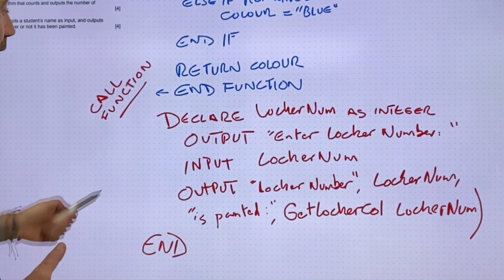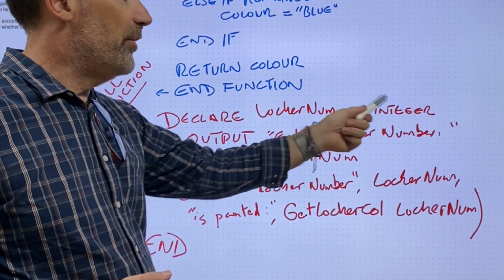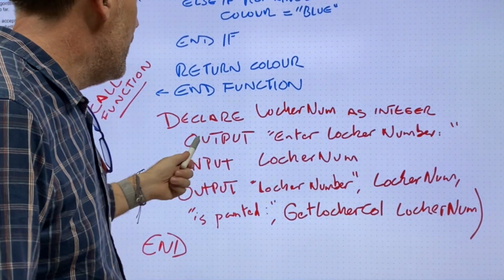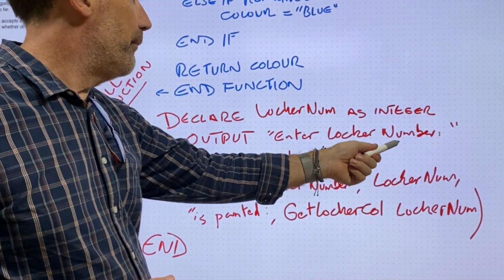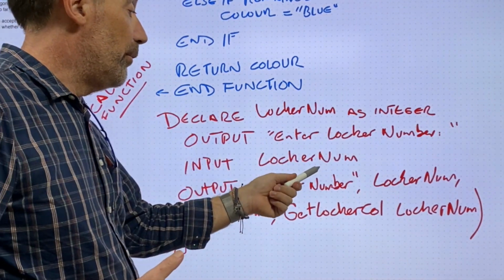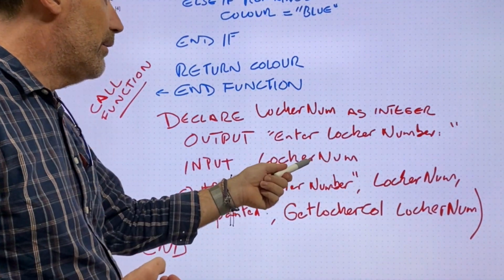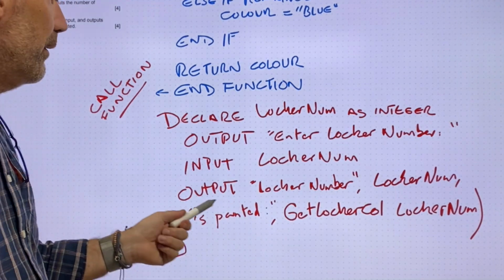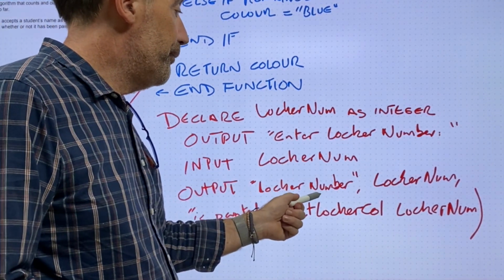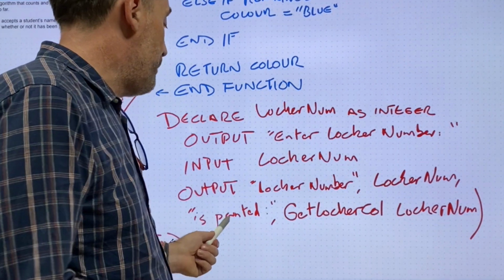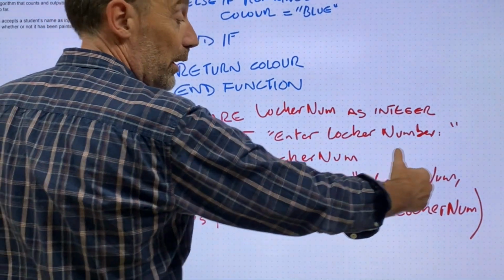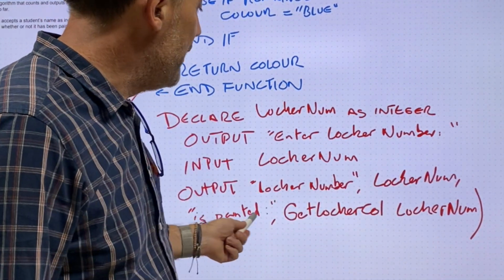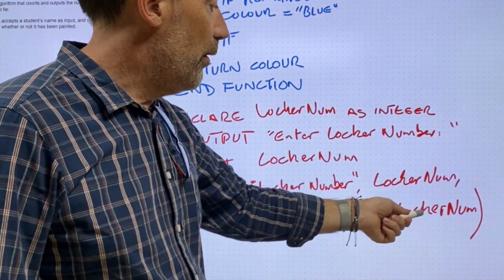Now I call the function by declaring the locker number as an integer. I output enter your locker number. The user inputs the locker number as an integer. Output locker number, is painted, so this should be all on one line. Is painted, get locker colour block number.